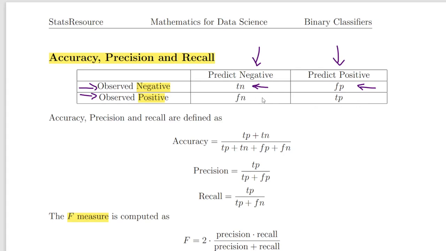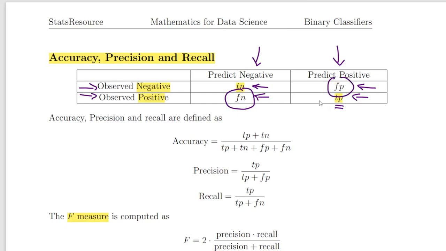Likewise, if it's observed positive and predicted to be negative, false negative. And when we correctly identify a positive outcome that we know is positive, that's a true positive. These are correct classifications, whereas the others are incorrect predictions.